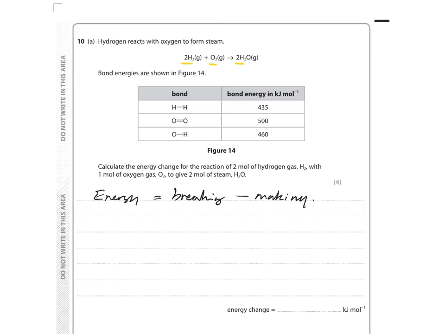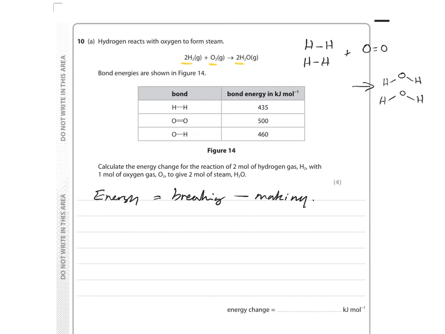So you've got two lots of H2, where H2 is H-H, and I've got two lots of them, plus O2. O2 is O double bond O, and that goes to give two lots of H2O, O-H, H-O-H.